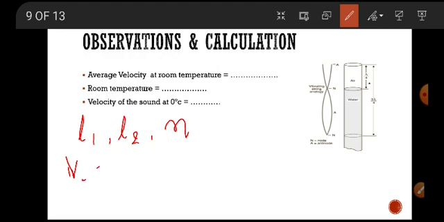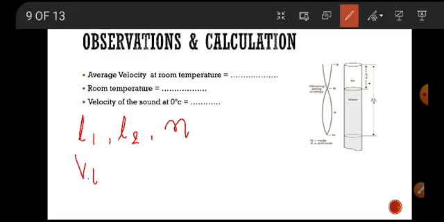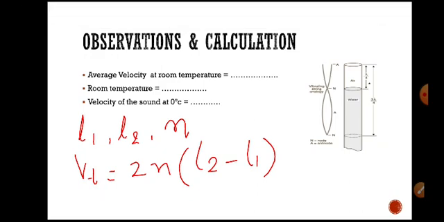Vt equals 2n into L2 minus L1. Here T is the room temperature, L2 is the second resonating length, L1 is the first resonating length, and n is the frequency. So calculate all these.